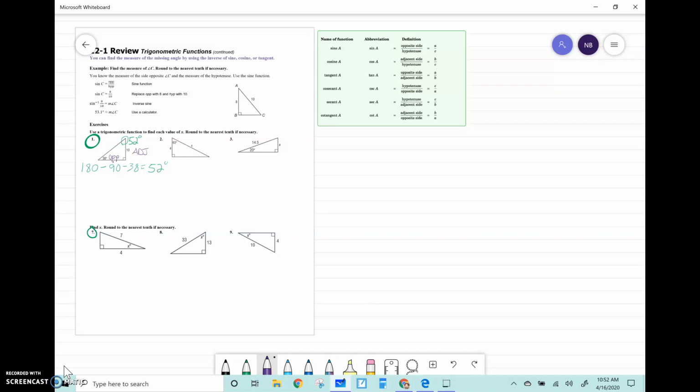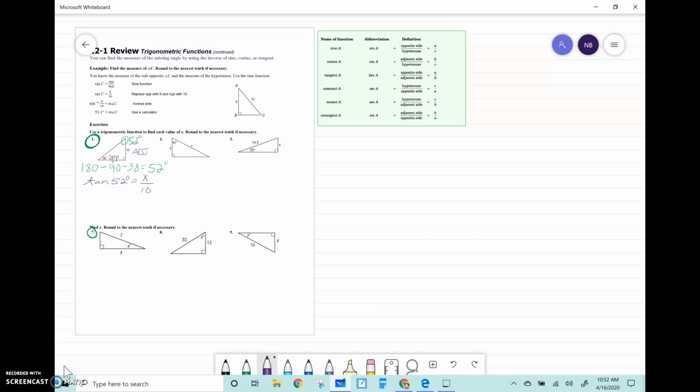So I'm going to rewrite this as the tangent of 52 degrees equals opposite over adjacent. I have my opposite as x, and I know that my adjacent is 10.